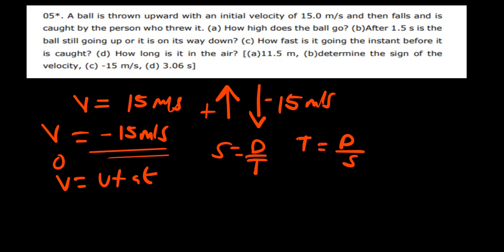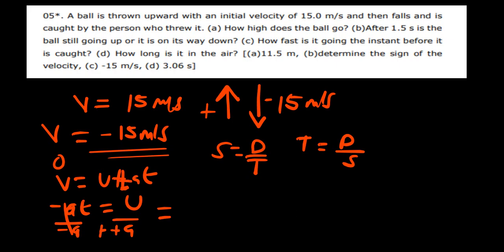If I take at to the other side, it will be negative at is equal to u. Then if I want to remain with my t, I'm going to divide by negative acceleration. But now remember that this thing is thrown upward, so the acceleration is supposed to be negative, so it means it will be negative acceleration.